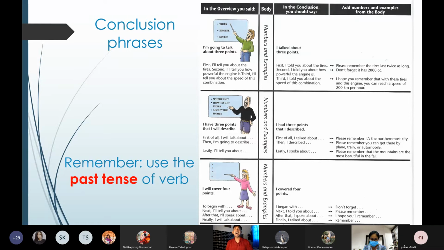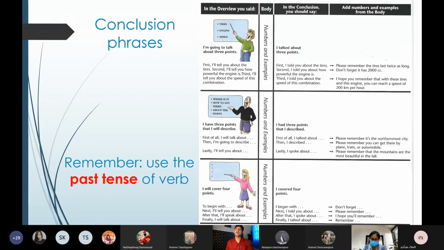And lastly, I told you about being a small family. Don't forget, you can go to your teacher and ask for advice or ask for some information about studying. See, it's very, very easy. From the conclusion, you can get it from the overview.